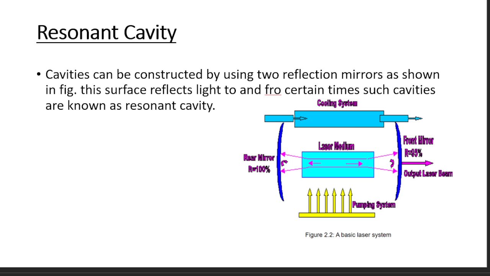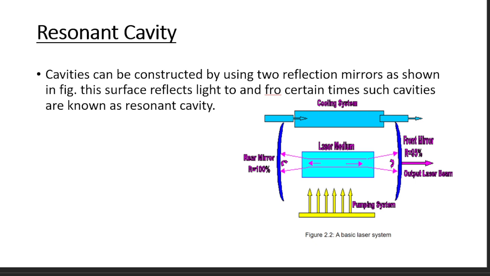In this resonating cavity, mirror M1 is 100% reflecting and mirror M2 is 90% reflecting and 10% transmitting. In some cases, it is 95% reflecting and 5% transmitting. The cavity in which the mirrors reflect the light to and fro certain times is known as a resonant cavity.